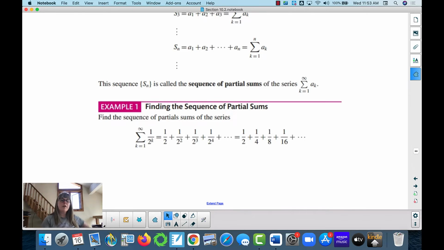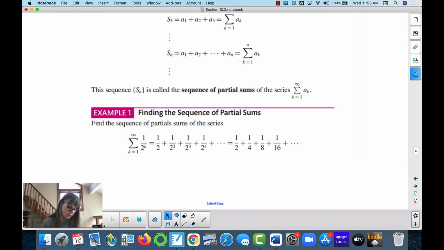So here, if we're going to find the sequence of partial sums of this particular series, the one we just talked about, you'll notice that each of the terms in that sequence was 1/2 to the n power. And in fact, when we want to determine what S sub n is, we can look at each of these partial sums. So S sub 1 is 1/2, which is the same thing as 1 minus 1/2, and you'll see why I'm going to do that in just a minute.